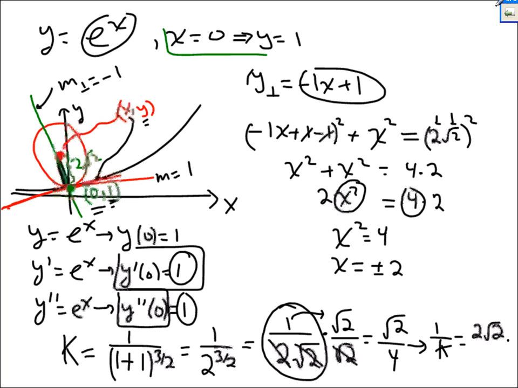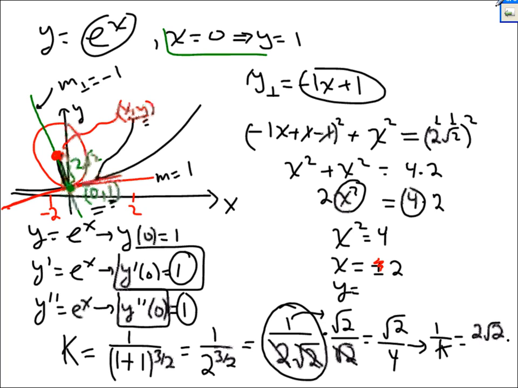Now, I hope it's clear that at the point (x, y), at this point right here, x is not positive 2. Positive 2 would be over there. It has a better chance of being negative 2. So we reject the positive 2, and x is negative 2.